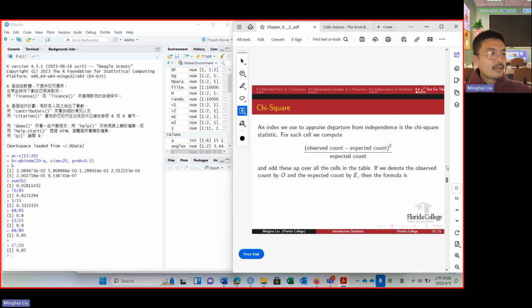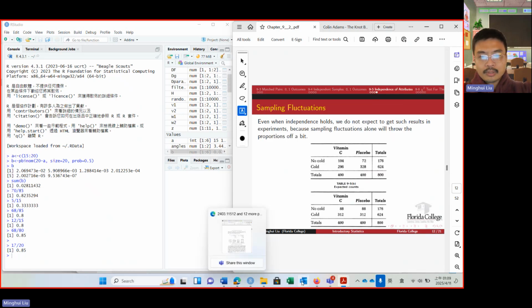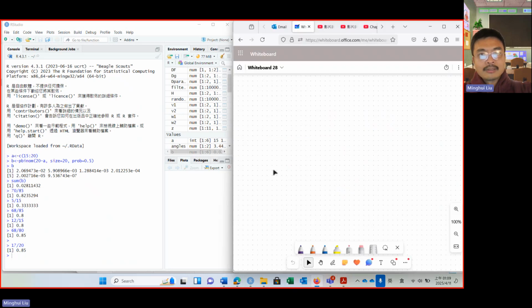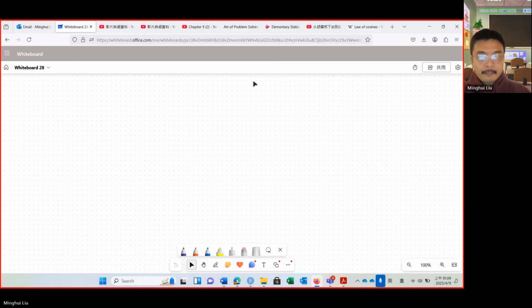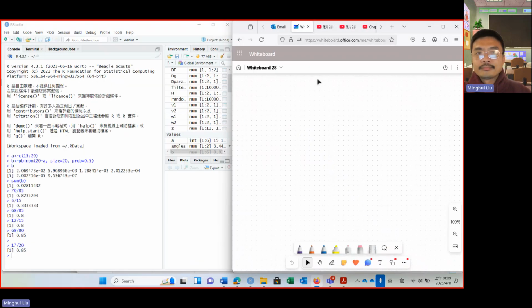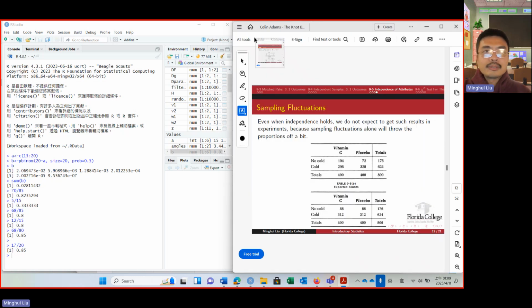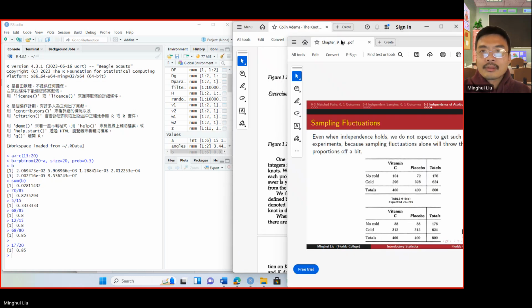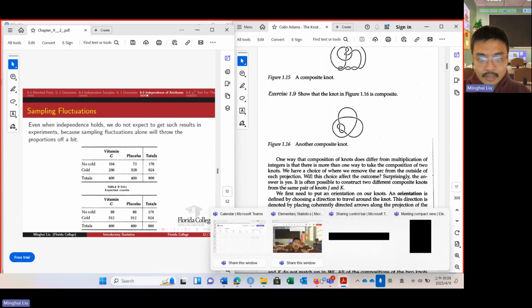For the first cell, I'm going to use the whiteboard. Let me move this to the left. This is the whiteboard.